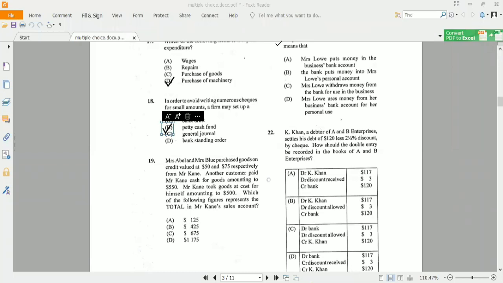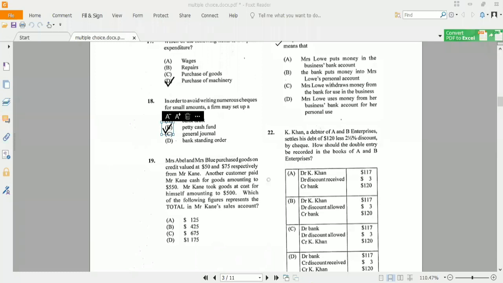So Mr. Kane sells some more goods, and that is valued at $550. Mr. Kane took goods at cost for himself amounting to $500. So this was taken from the business for personal use. And once you take something from the business for personal use, what is that? Drawings. Lovely, that is drawings, excellent.